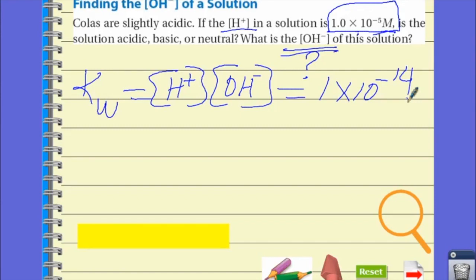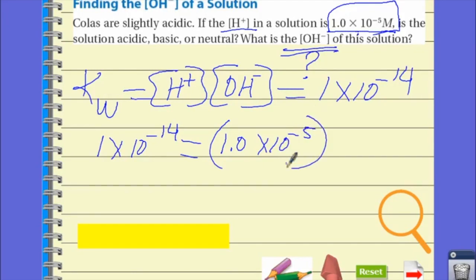Therefore, I can just plug the numbers in. I have 1 times 10 to the negative 14 equals the hydrogen ion, which is 1.0 times 10 to the negative 5, times my OH minus.